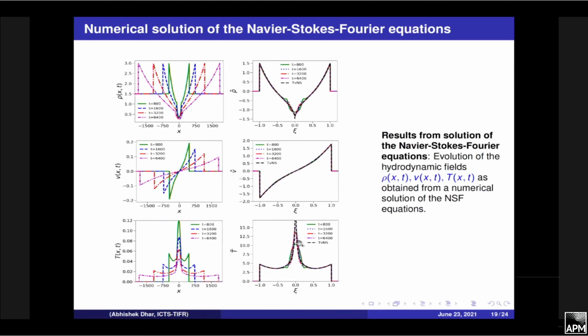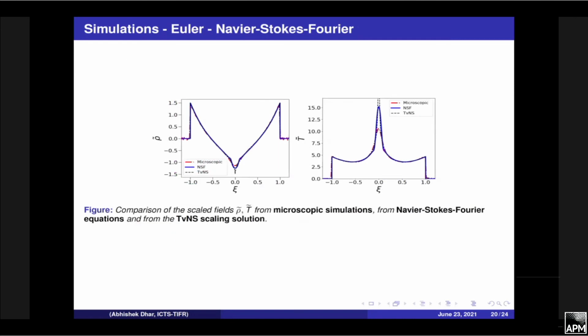In particular in this figure, the temperature, the dashed line is again the Euler solution, but the hydrodynamic equations with dissipation don't show any divergences. Elsewhere, it continues to be as good as the Euler equations. So in the core now we have some differences. We see that indeed the dissipative terms lead to a better agreement with what one expects physically.